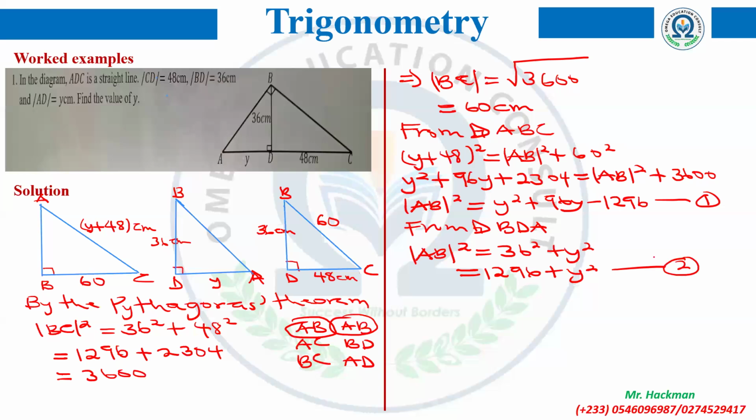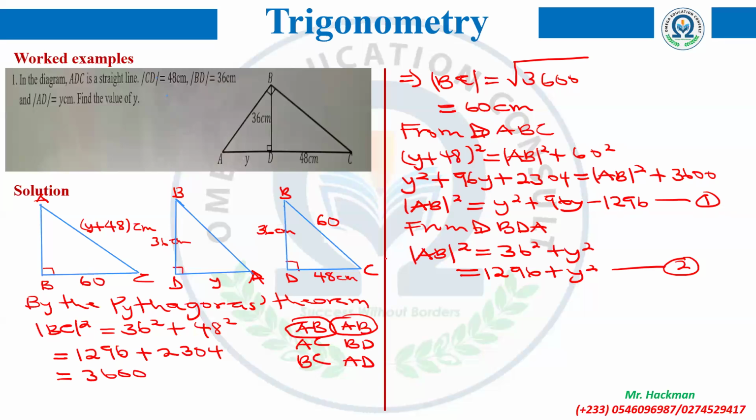But you can see that this AB squared of your first triangle and the AB squared of your second triangle is the same length AB. So if you square it, it should be the same. So it means equation 1 must be equal to equation 2. Do you agree? Yes, please.